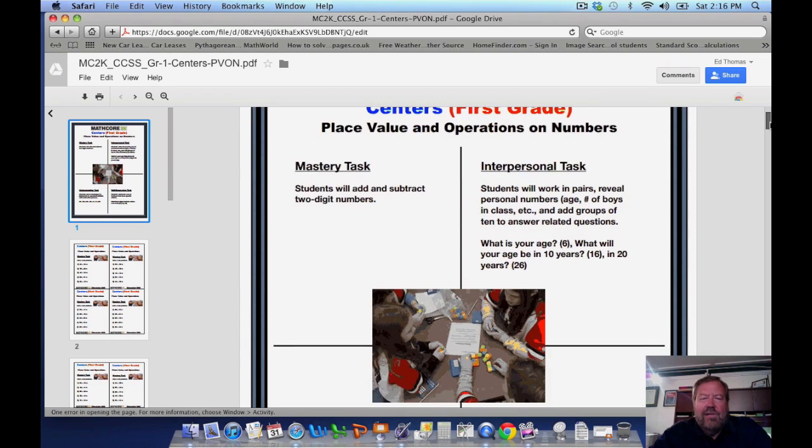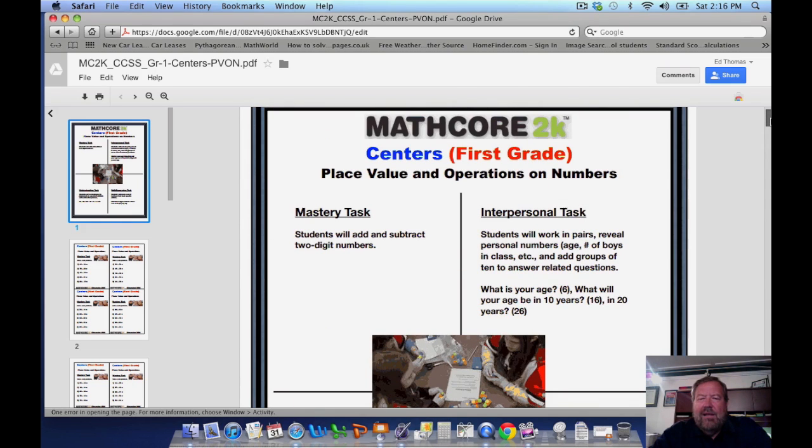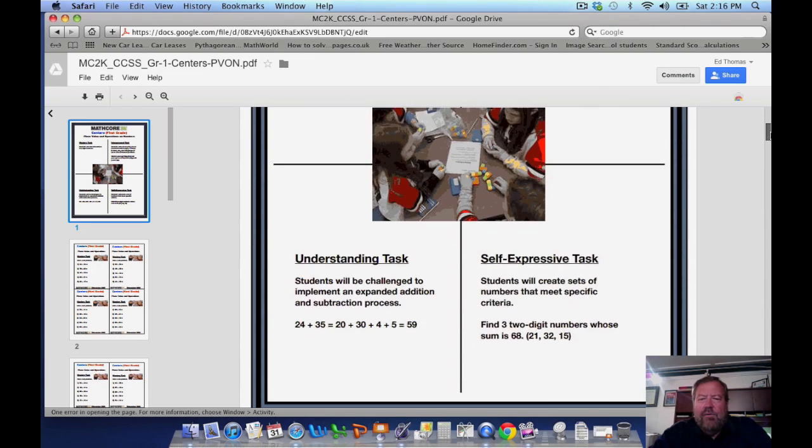One, the mastery of the skill associated with the standard. Two, the understanding of the standard. Three, we provide an interpersonal task which lets students connect the math to their world. And four, we have a self-expressive task which allows students to be creative with respect to the mathematics associated with the Common Core standard.